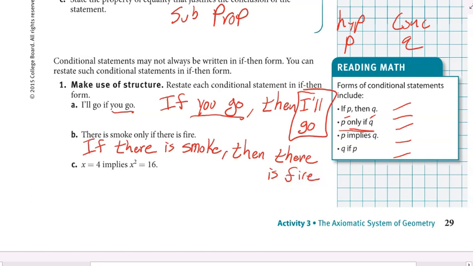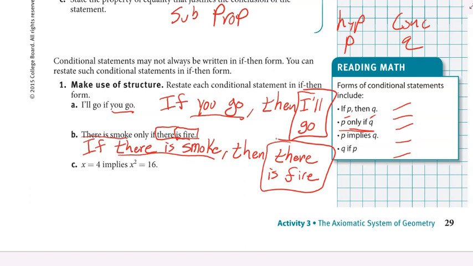This is an if-then form now, and notice P only if Q, so P only if Q. So P right here, there is smoke. So if there is smoke, then there is fire. So I still have the same hypothesis and conclusion. I just wrote it in the form if, then.